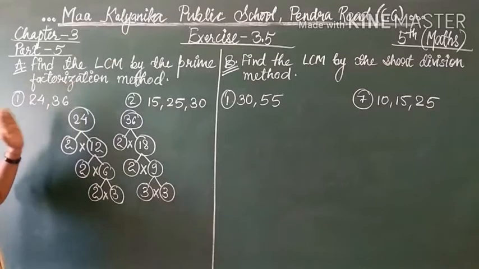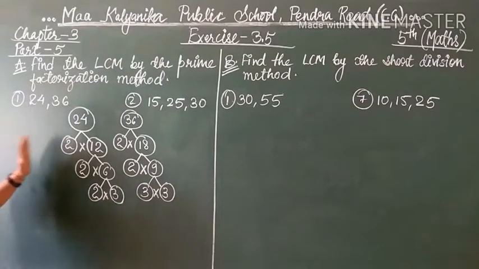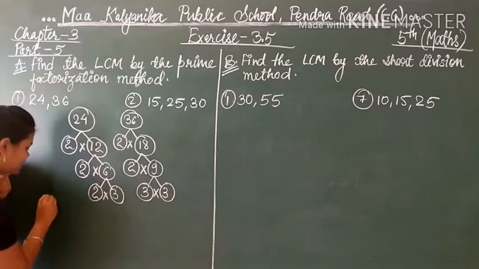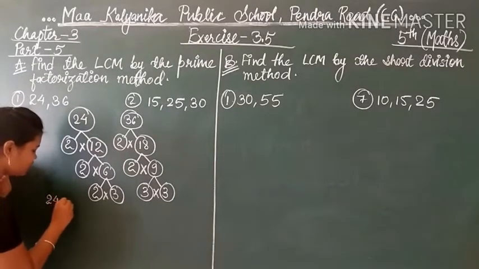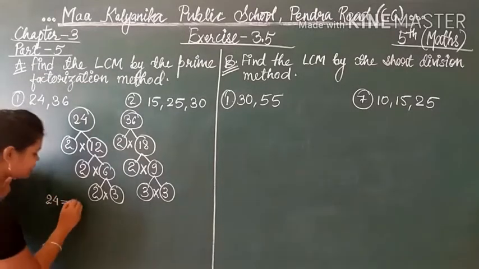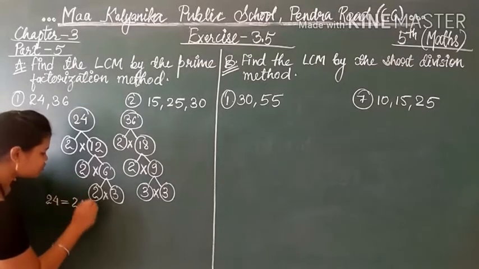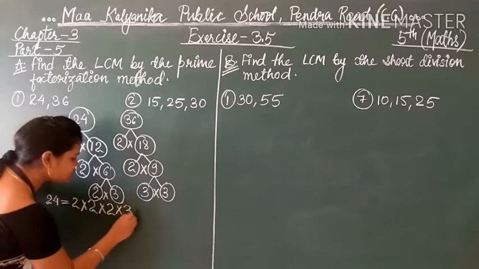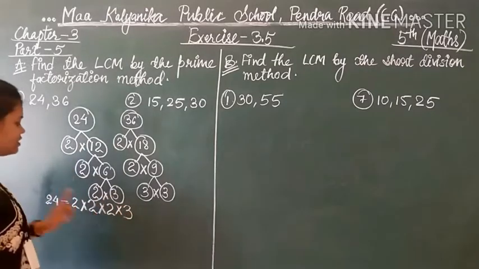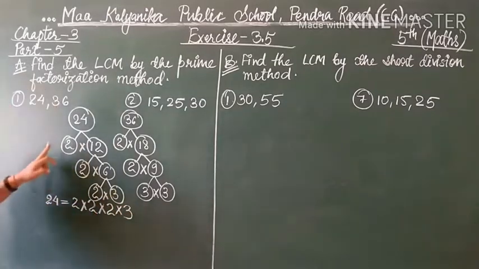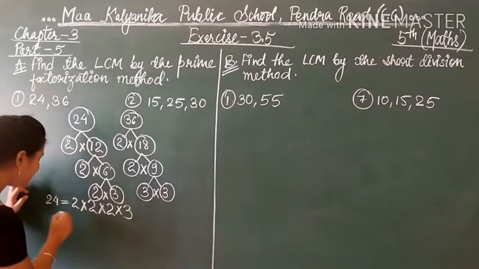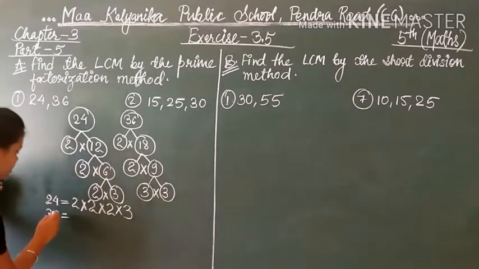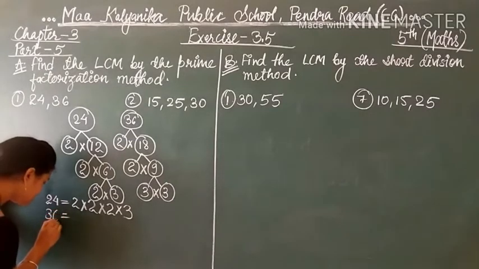So students, now here how to solve the rest. Okay. See 24 and 36. So directly write here 24 is equal to, what are the prime factors? 2, 2, 2 and 3. Okay, after this, you have to write the same thing for the prime factors of 36.